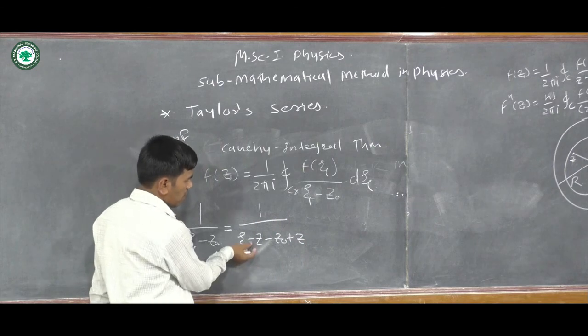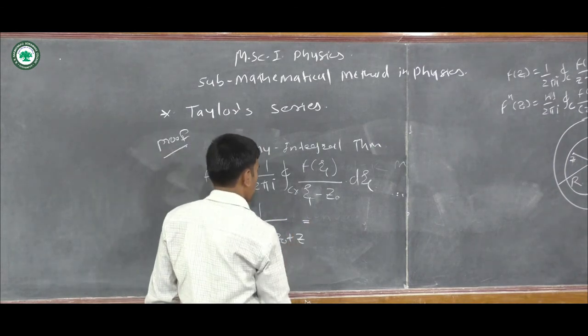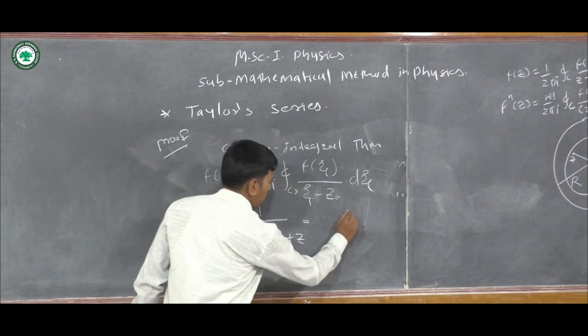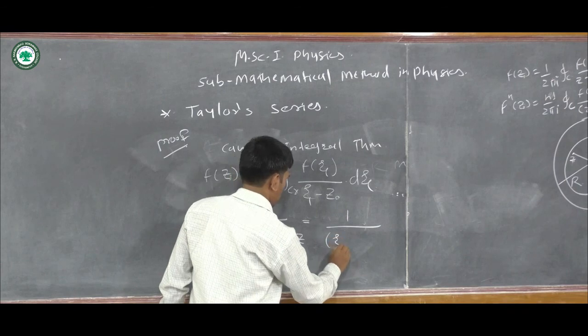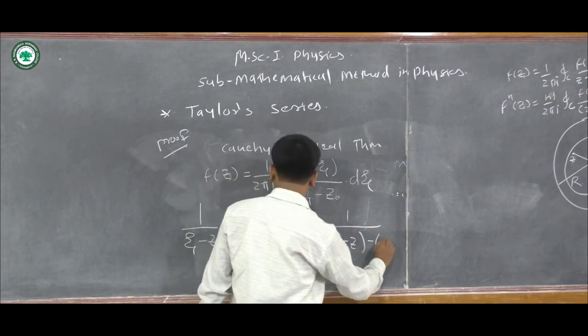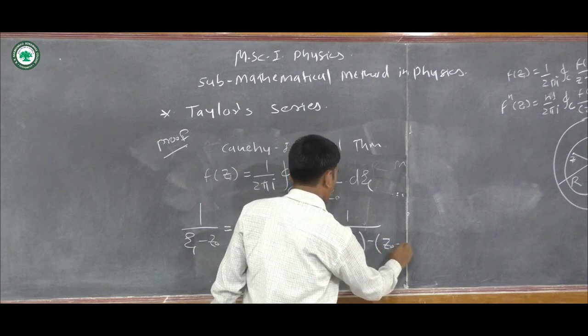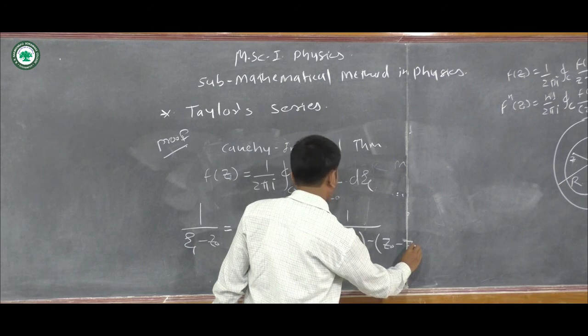Okay, just adding this minus z and plus z. So this is equal to 1 divided by psi minus z minus z naught minus z.